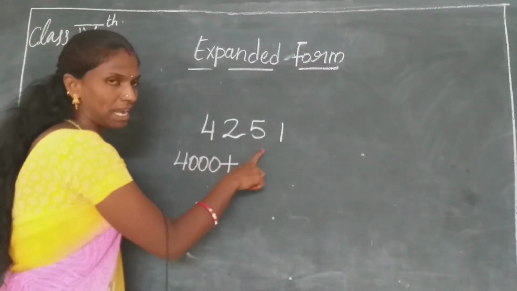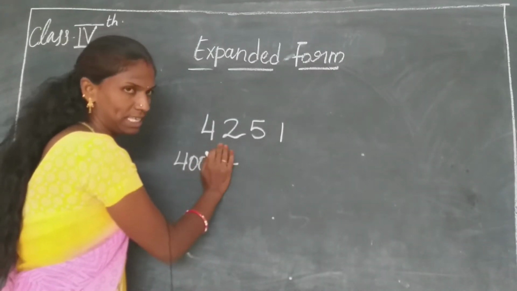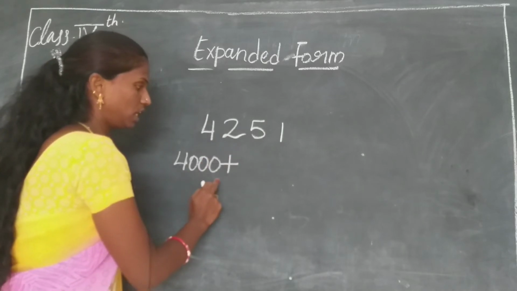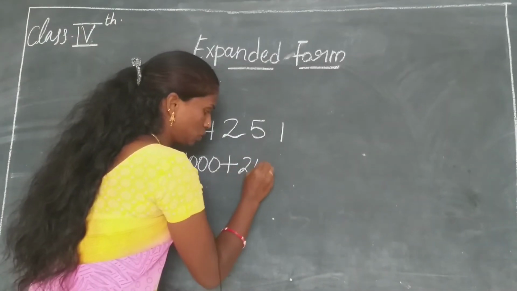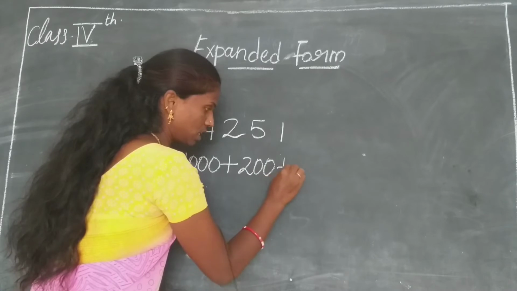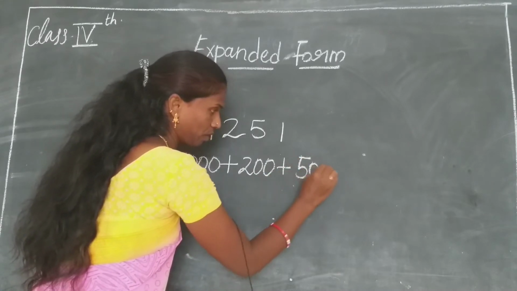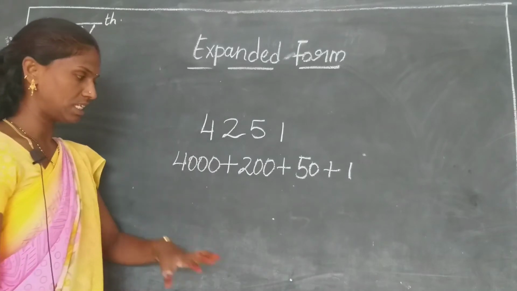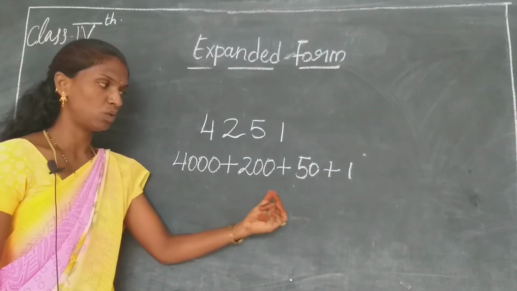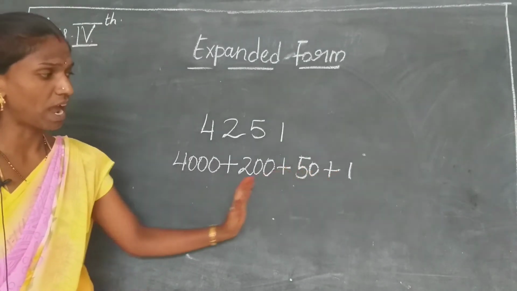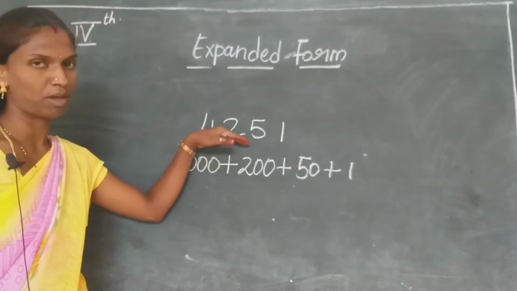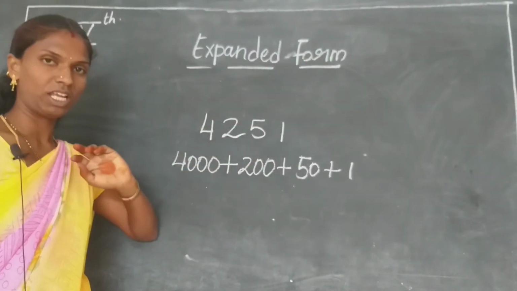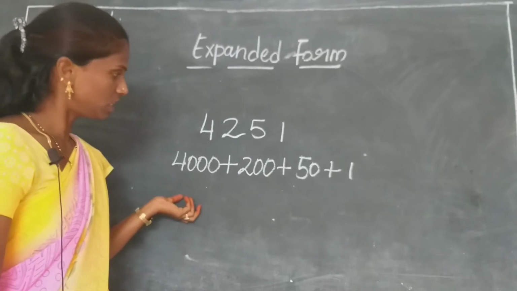Because we have to add all these expanded forms, then only we will get this number. So 4000 plus 200 plus 50 plus 1. If we add all these numbers, we will get the same number, 4251.